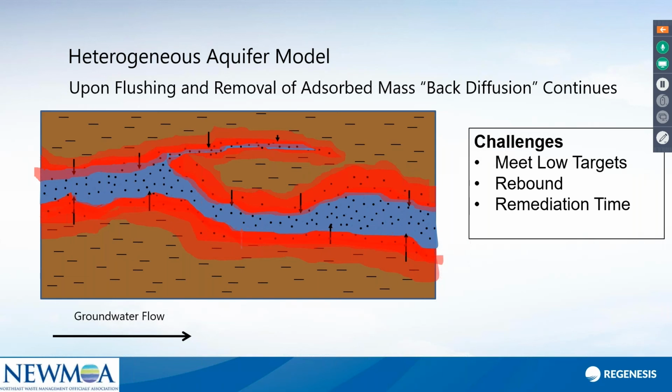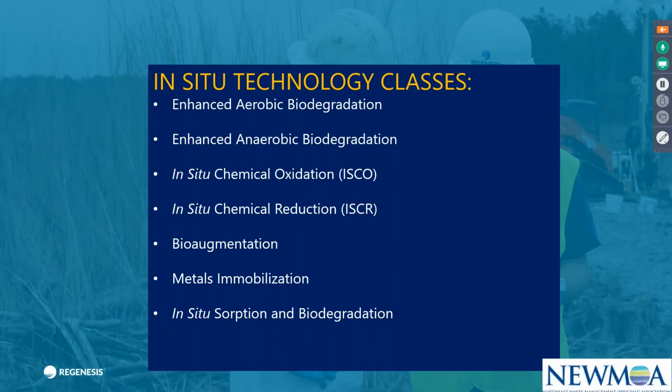But if you're trying to get to a GW1 standard, you may need to use some other remedy, maybe a biological or one of these absorption technologies that may set up at the interface and be able to manage that. So these are the things that you need to understand when looking at your site and really what are you trying to achieve and where are you trying to get.